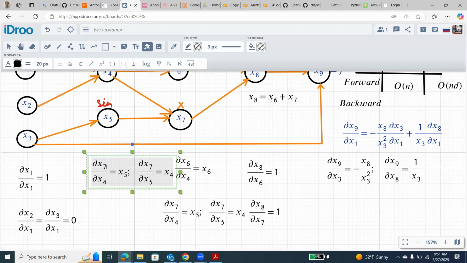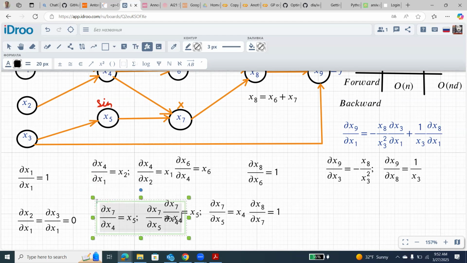X4 has inputs x1 and x2. And x5 has one input, x3.